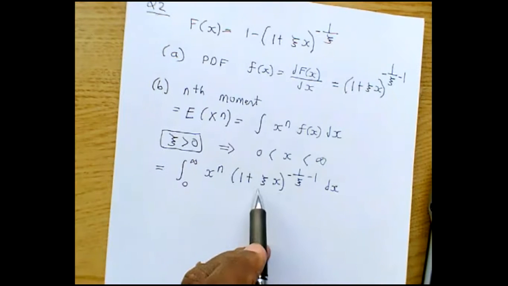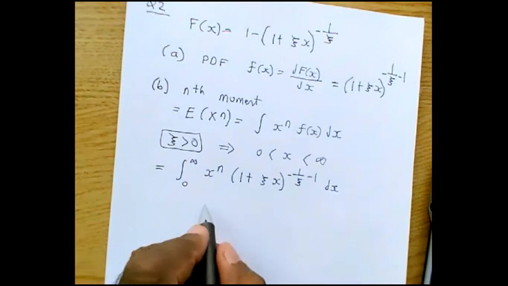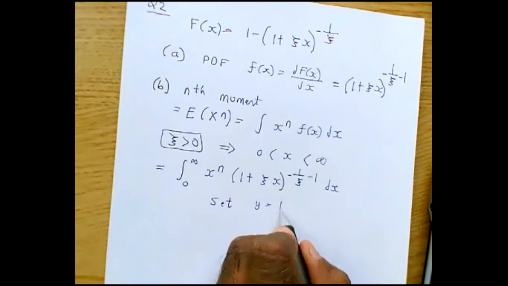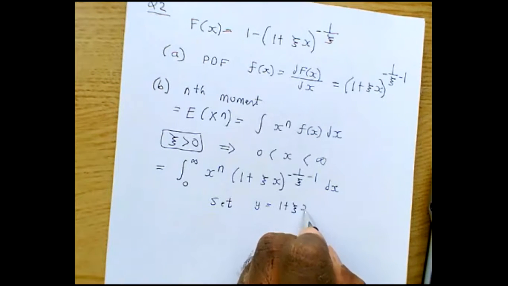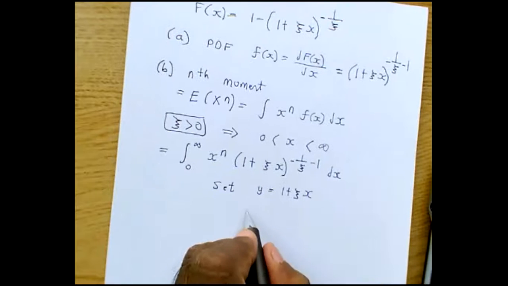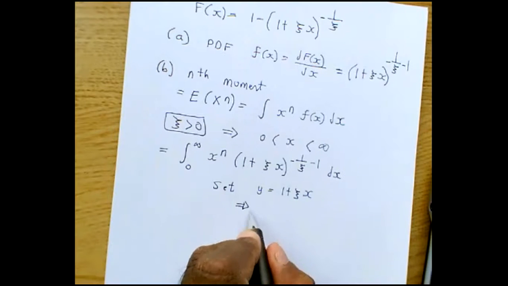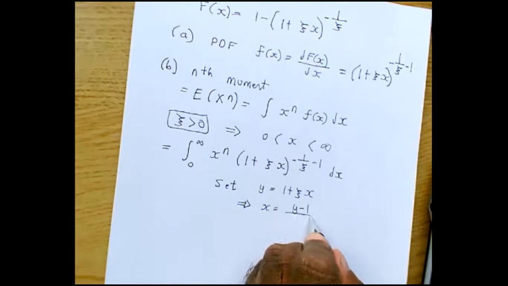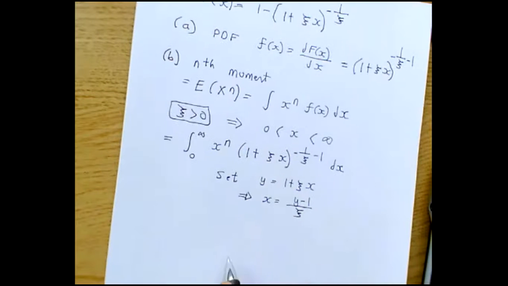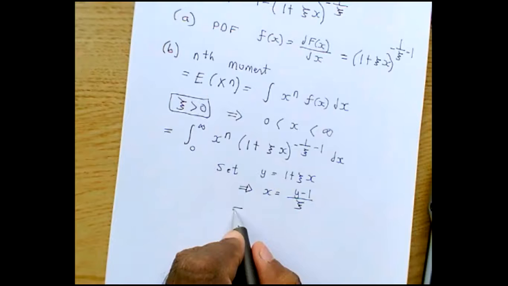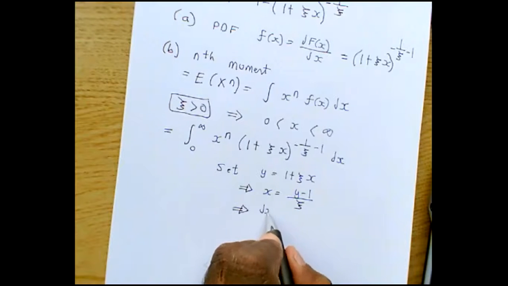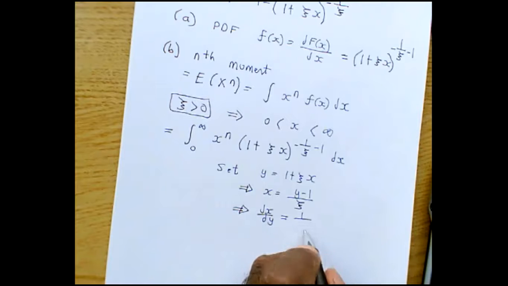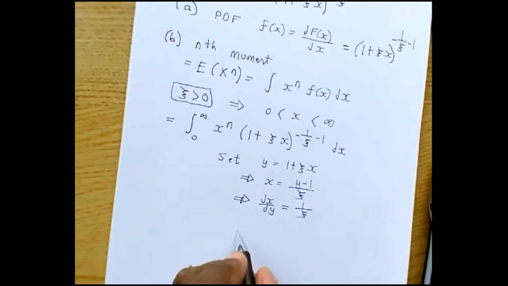Now we need to do some kind of substitution. In this case, the obvious substitution is to set y equal to 1 plus this. So this implies that x equals (y minus 1) divided by psi. So dx by dy is equal to 1 over psi.